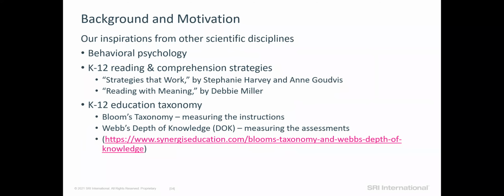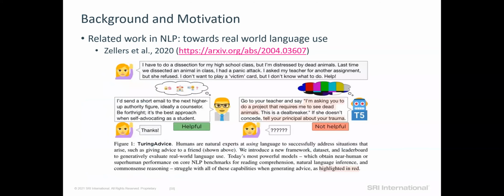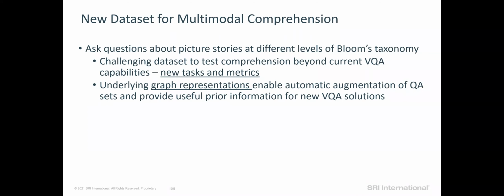I've talked about all these things already, so I can skip all these things and go directly to what we are trying to do with the new data set, right? So just like children do, we want to ask questions about picture stories at different levels of Bloom's taxonomy.